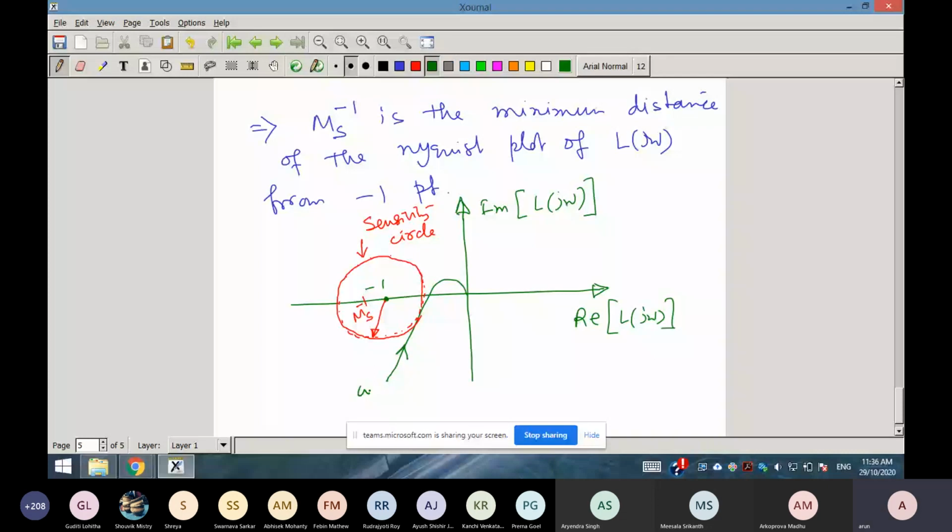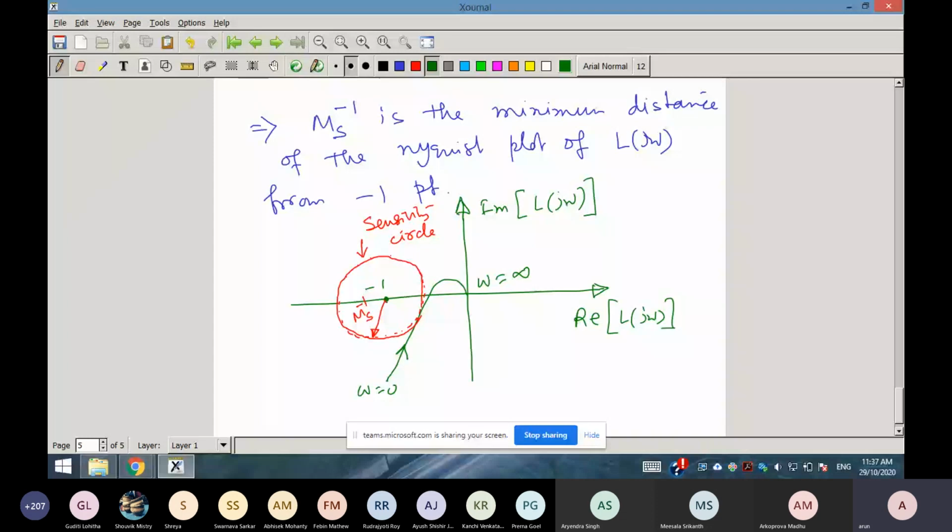So that means, as you can easily see, if your Nyquist plot is far away from the -1 point, that means Ms inverse is as high as possible. That is good. Even if some parameter variations or perturbations occur, the Nyquist plot lies much away from the -1 point, so it will not touch the -1 point.